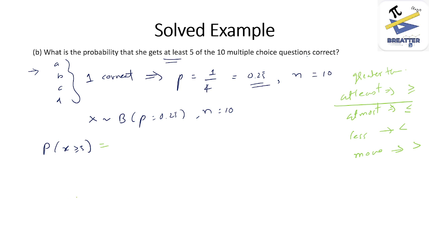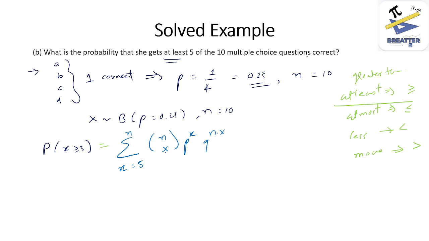Sigma x equal to 5 to n, nCx p raised to x q raised to n minus x.